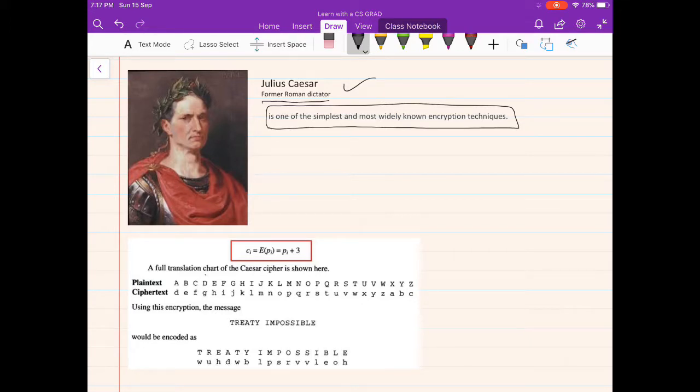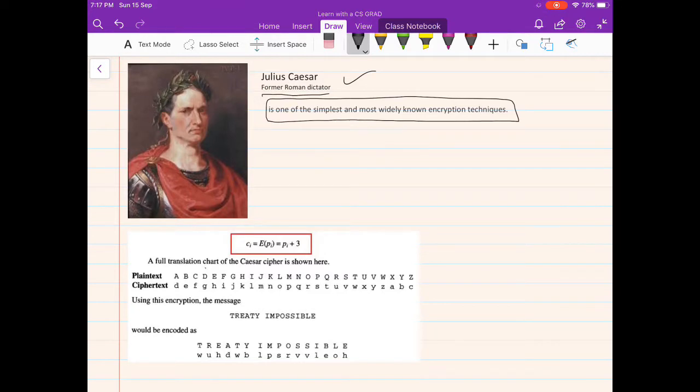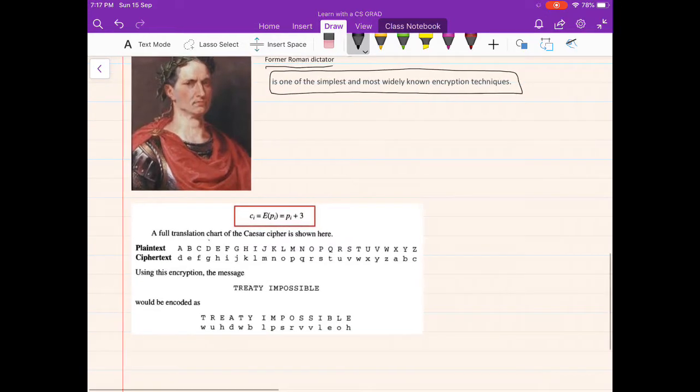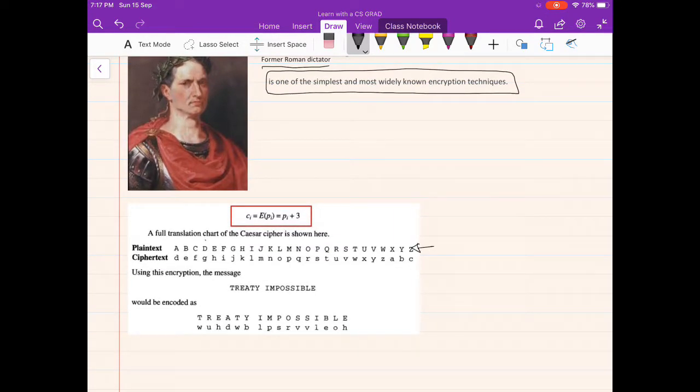Suppose you want to encrypt something. You write the alphabet similar to this. You write A, B, C, D, and in your question paper you would also do the same. You write all the alphabets, and it would give you a number. Based on the number you would be changing the position of the alphabets.